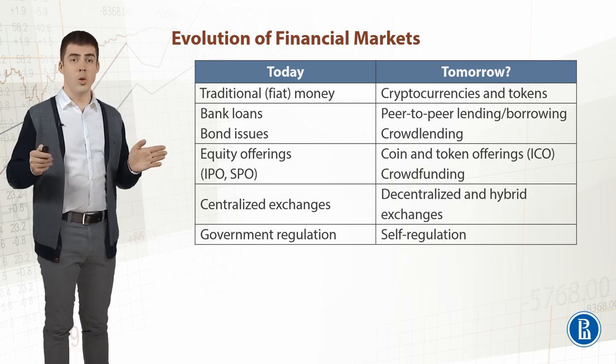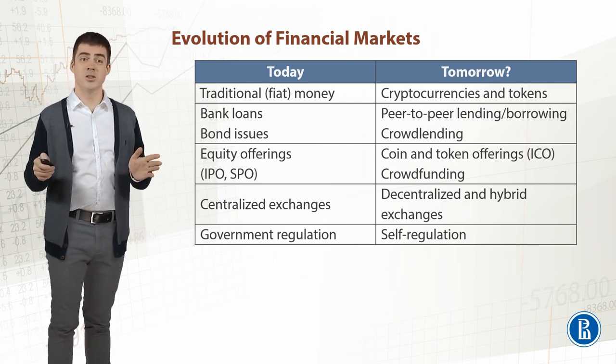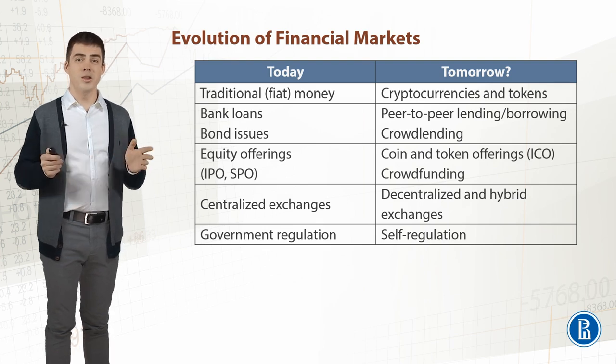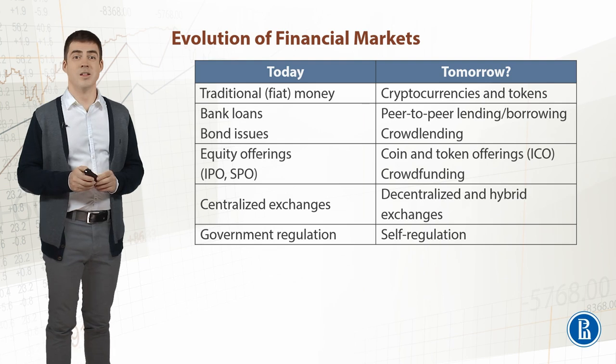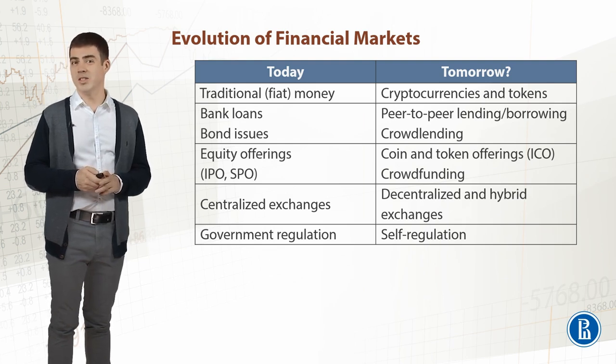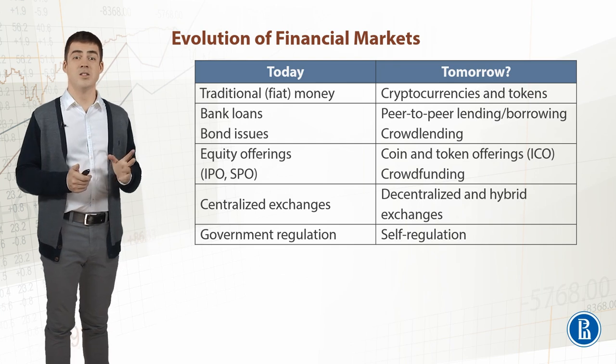For example, will we switch from traditional money to cryptocurrencies and tokens? Will bank loans and bond issues be replaced by other market-based tools like peer-to-peer lending and borrowing and crowdfunding?